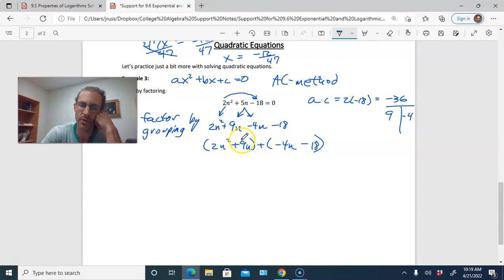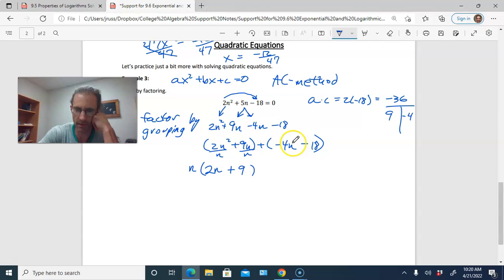So these first two terms here, they only have an n in common. So if I take out an n, you can go back and divide to see what you'll have left. You're going to have a 2n, and n squared divided by n is just n. In your second term here, your n's will divide out, and that's just going to leave you with a plus 9.